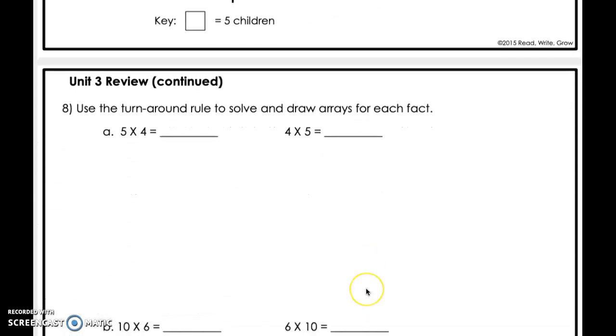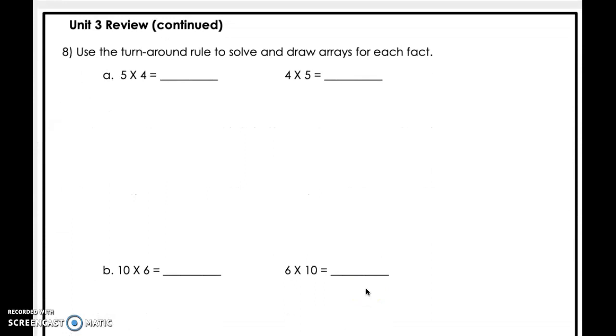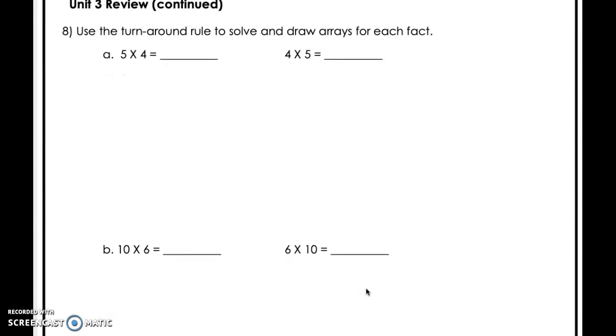Okay, the next one is the turnaround rule. And you're going to solve this by making an array. Over here, 5 times 4. You're going to make 5 rows of 4. 1, 2, 3, 4, 5 down, 4 across. Over here, you're going to make 4 rows and 5 across and put the answer. What is 5 times 4?